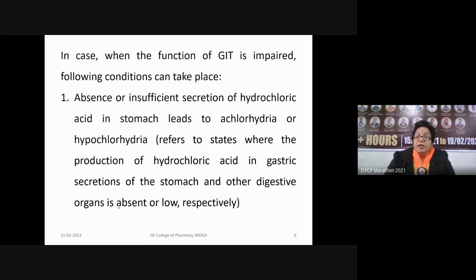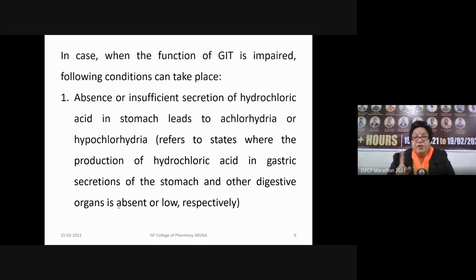Now, acid is very important, and you must have heard that many yogis or yogacharyas say we should not drink water with food or just after the food. Why? I will tell you. After the food enters the stomach, hydrochloric acid is present.